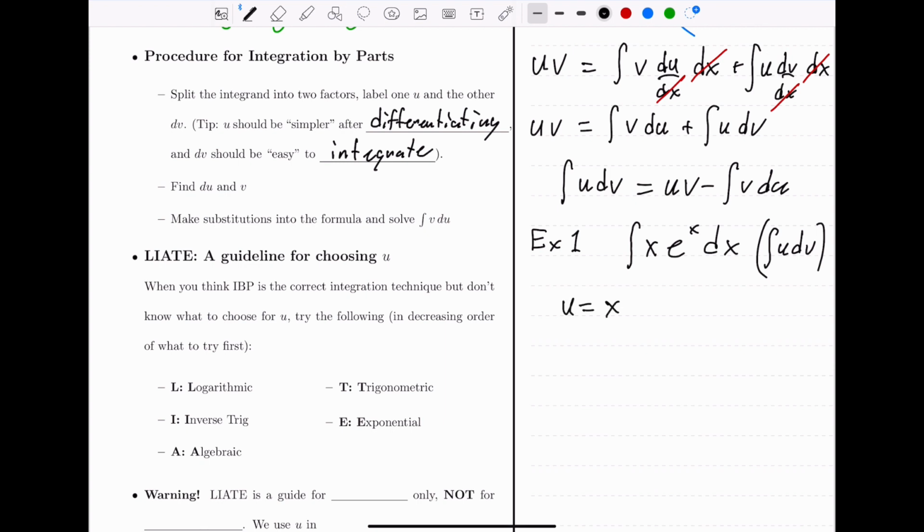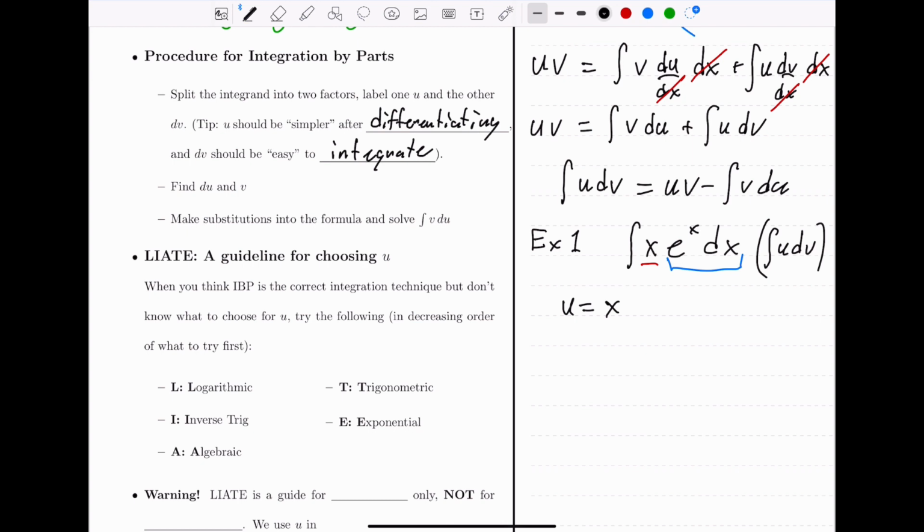So I pick part of the integral, split it into two factors, label one of the factors u, we're picking u to be x, and everything that is left automatically is dv. Once I've chosen u, automatically everything left has to be dv. Notice that dx is always part of dv.